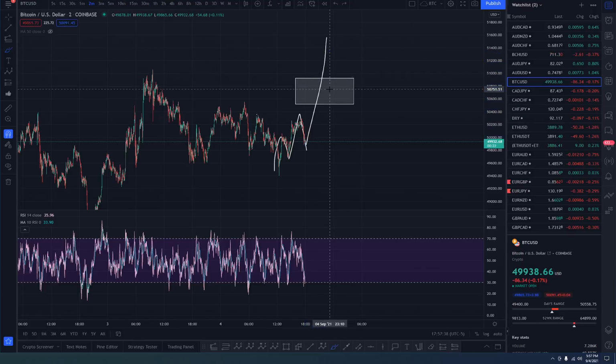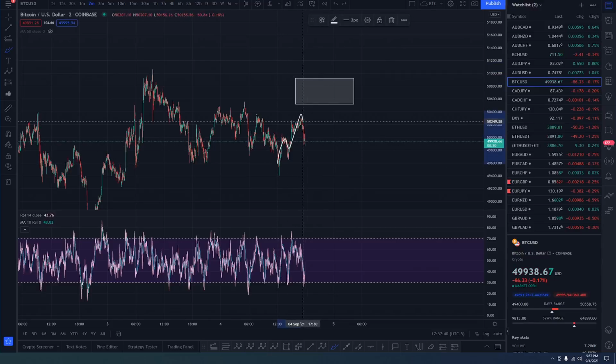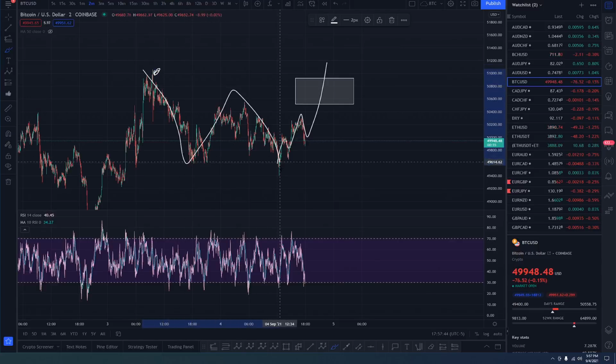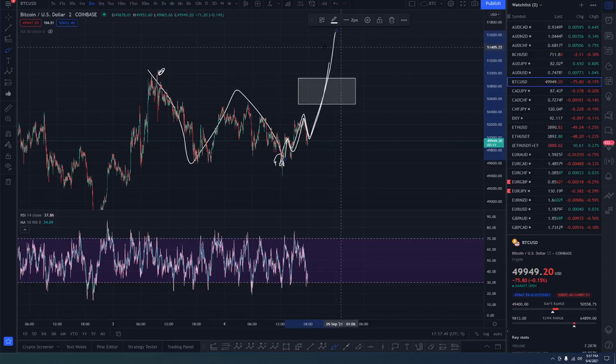But if that happens, and we start getting an impulse that gets up here and breaks this high, then I'm going to start looking at this as a finished 3-wave move, an impulse going to break the high. Then I have to look at the wave structure again and come up with a larger count that's different than I have right now.